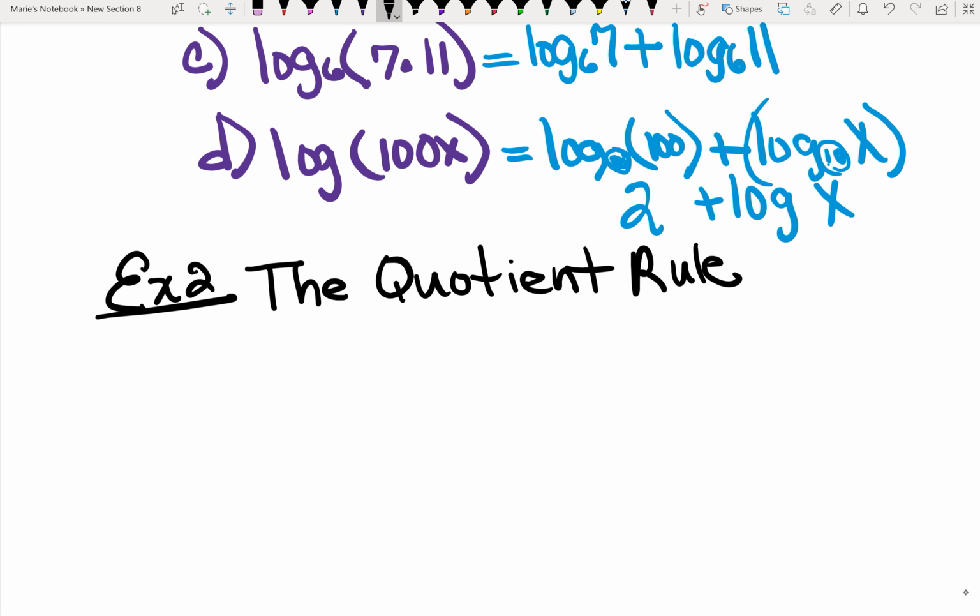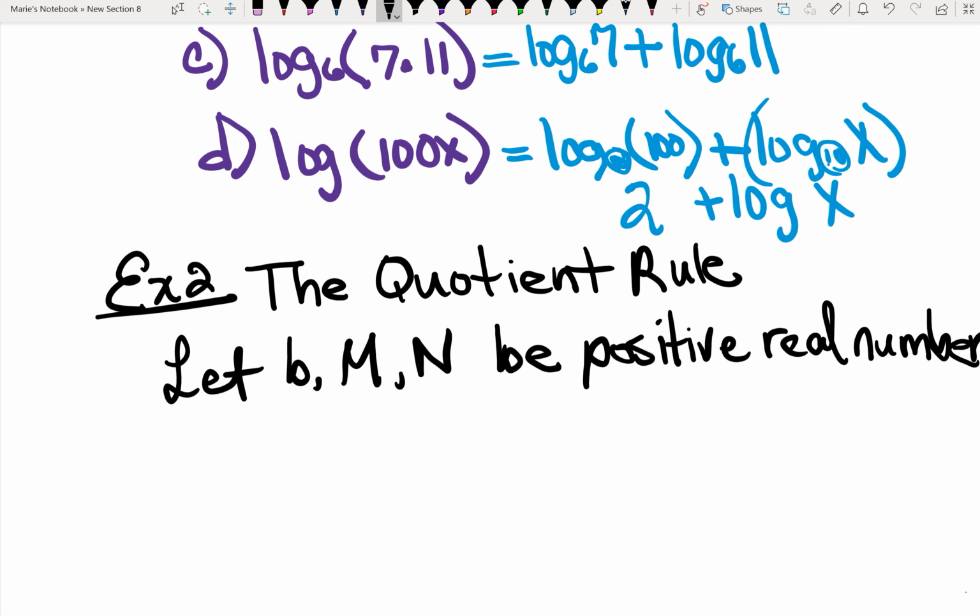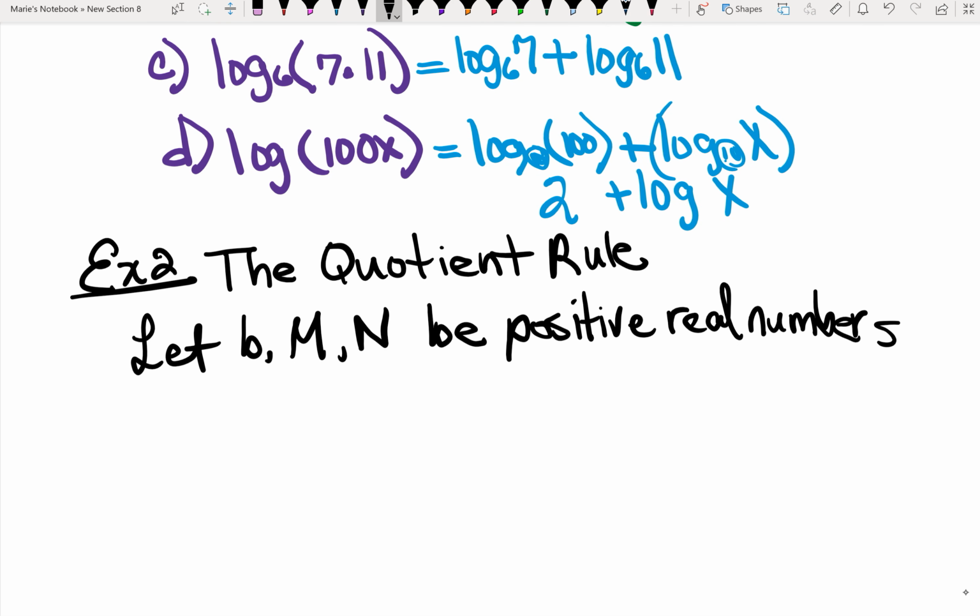All right, so in the quotient rule, we're going to remember the rule that says, again, let B, M, and N be positive real numbers, and obviously B cannot equal 1, so B is not equal to 1.